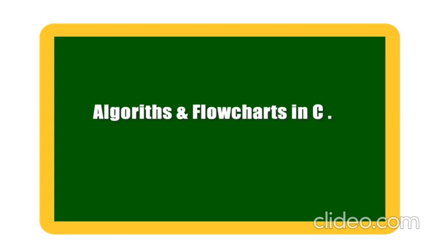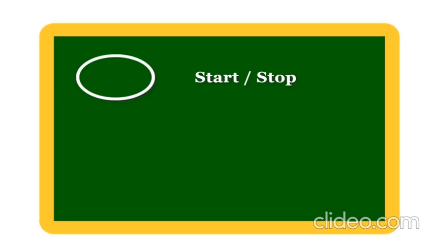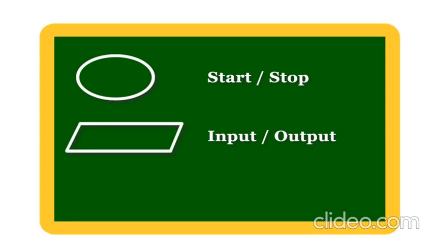Okay, let's see what diagrams are used inside a flowchart. This shape is used to display the start or the stop of a program. This shape is used for input and output purposes.